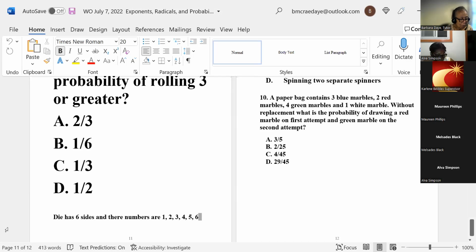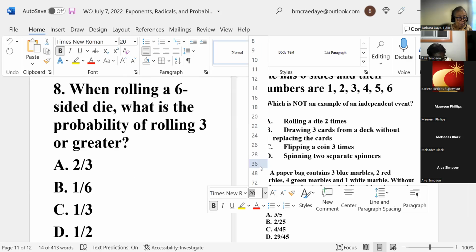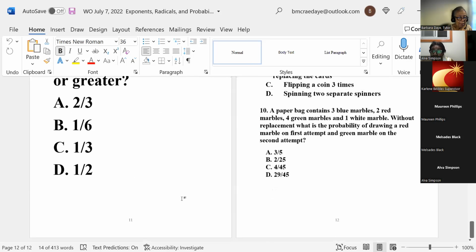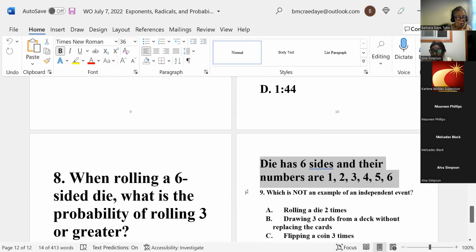Is that clear to everybody? A little bigger, Miss, please. Yeah, I'll make it bigger. Those would be their numbers. So a die has 6 sides, and their numbers are 1, 2, 3, 4, 5, 6.